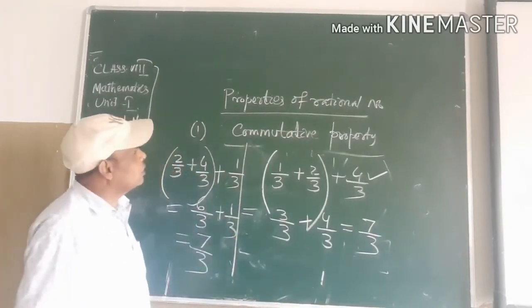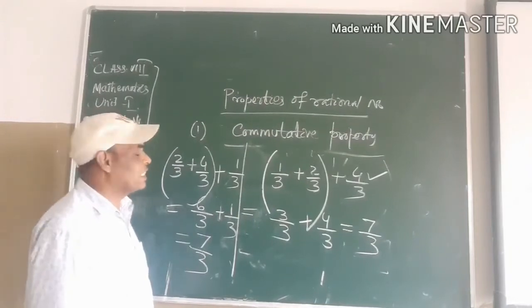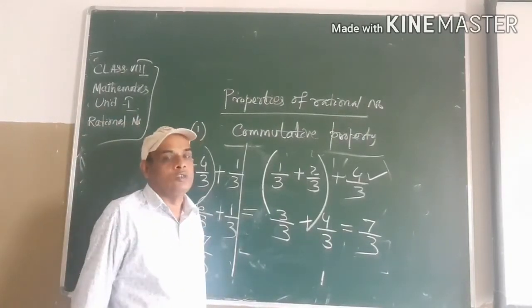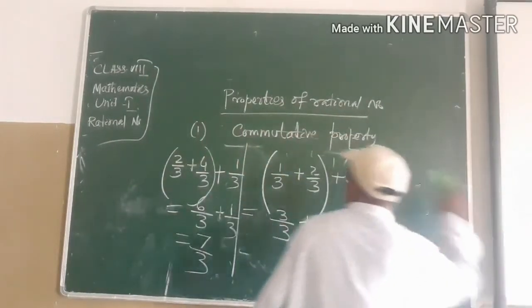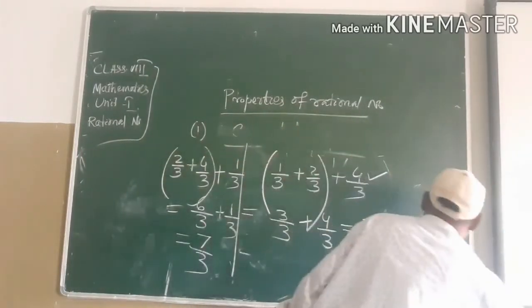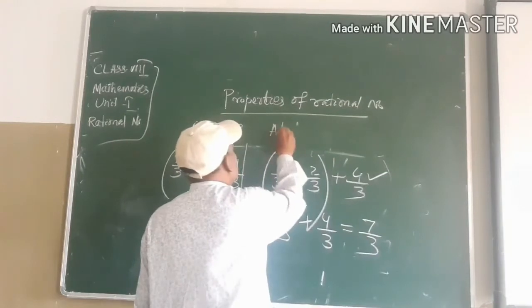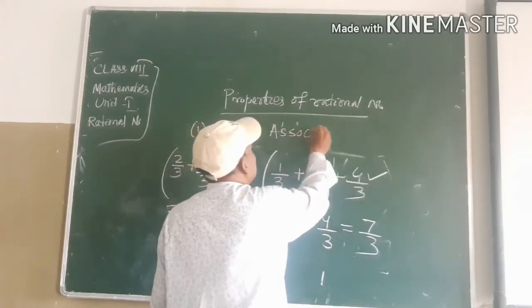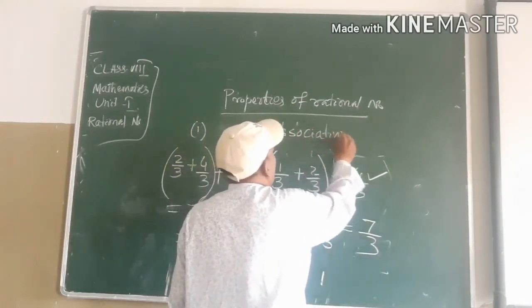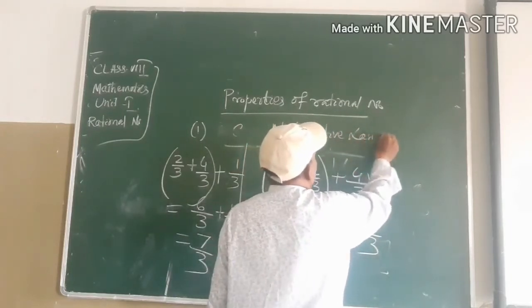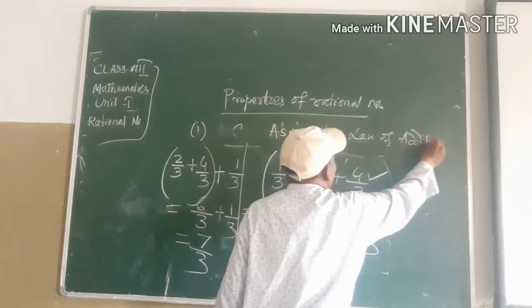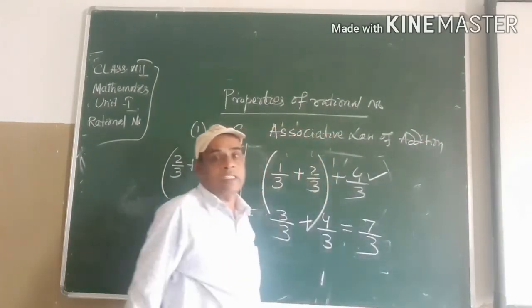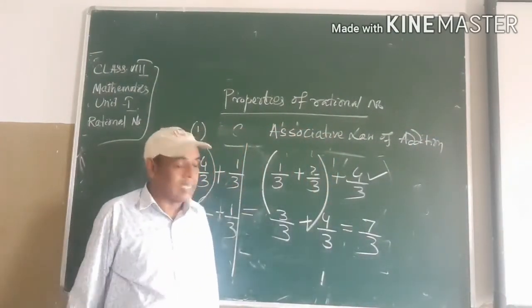So this law is called the associative law of addition. Associative law of addition in case of three rational numbers.